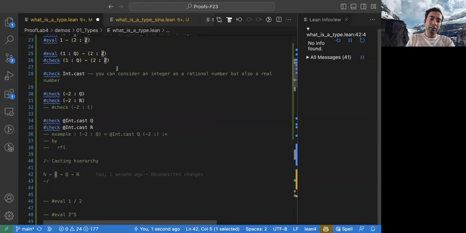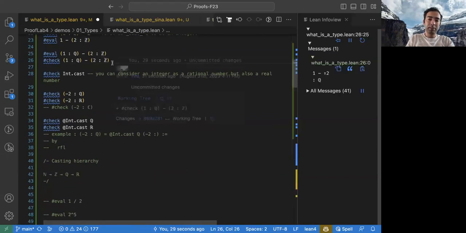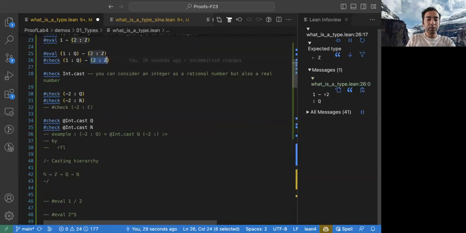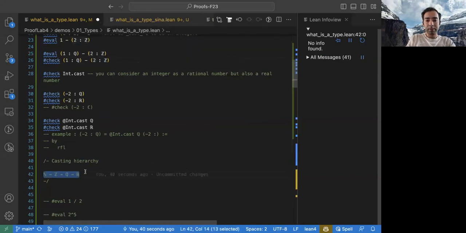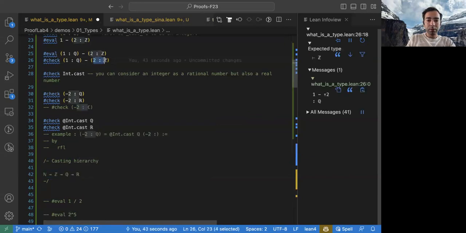What happened here, we were asking why is this considered an element of Q, a term of rational numbers. The reason is because Lean knows about this directionality. It takes 2 as an integer, and the first one is a rational number. So in which place can we unify them? It definitely cannot be in integers, because the first one is a rational number.